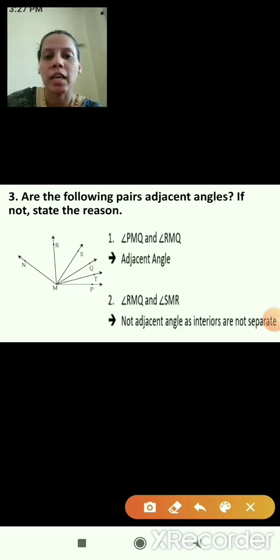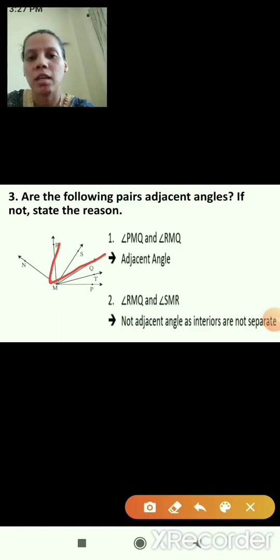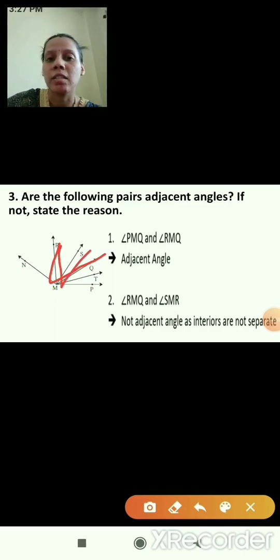Now the second pair, angle RMQ and angle SMR. So they are not adjacent. Why? Because they have a common interior.